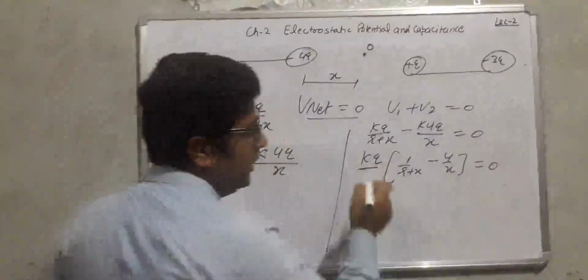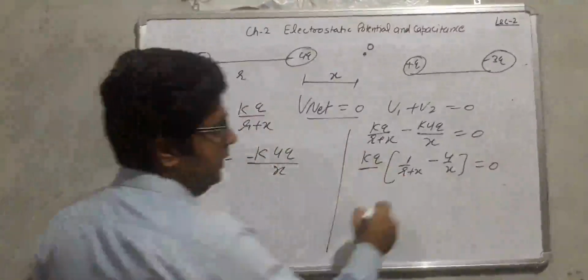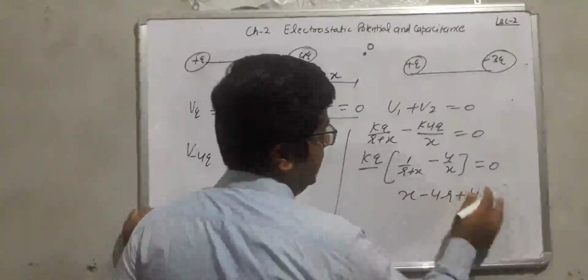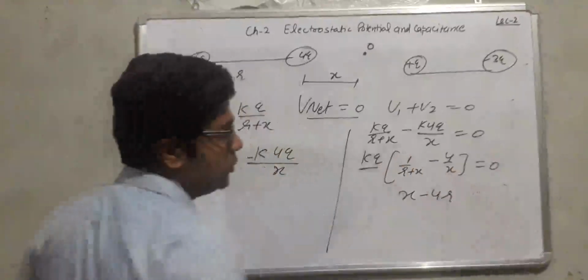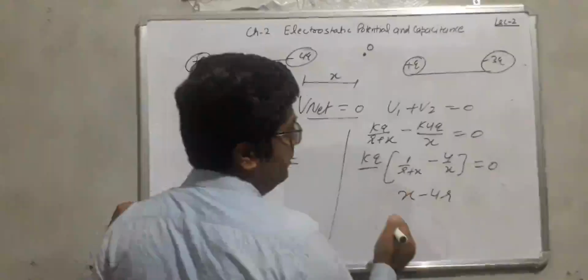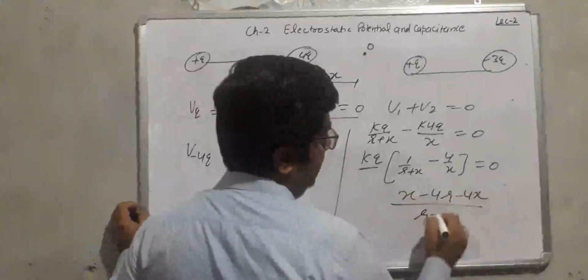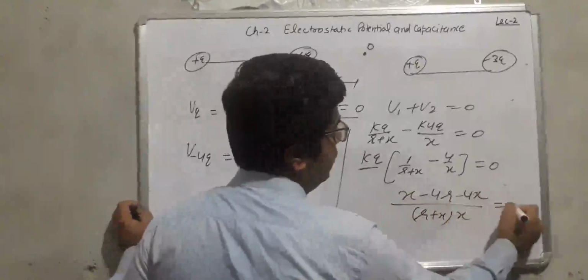So this kq again becomes 0 if we take that side. So it becomes x minus 4 times r plus x, we just cross multiply, x minus 4r minus 4x by r plus x into x is equal to 0.